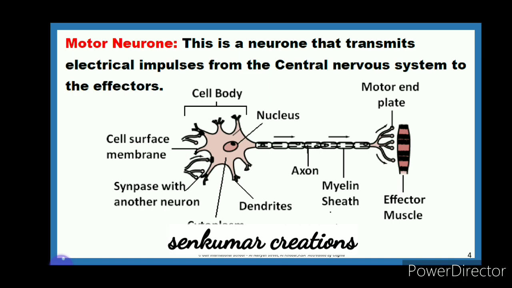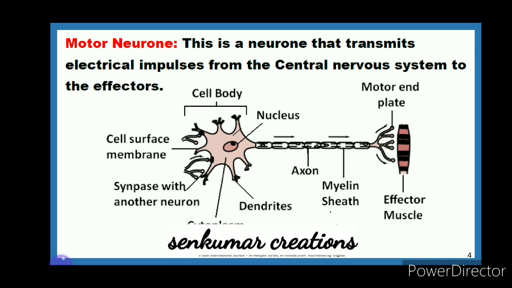So this is the motor neuron. Its function is to transmit impulses from the central nervous system to the effectors. It contains a cell body, cell surface membrane, cytoplasm, dendrites, axon, myelin sheath, motor end plate, nucleus, etc. So you can see very clearly this picture and how the motor neuron looks.